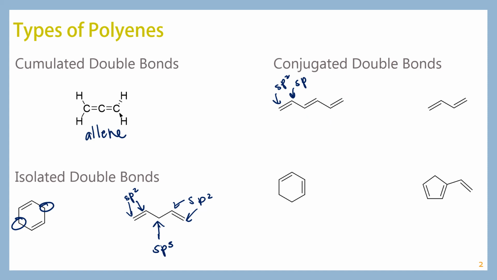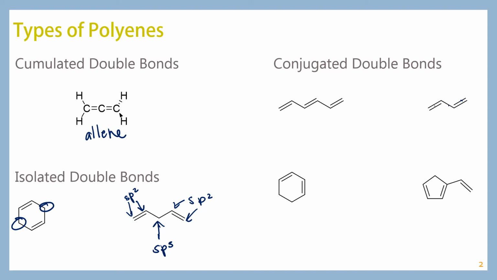So you have to have that alternating pattern of double, single, double, single, double in order for it to be conjugated. So we have double, single, double, double, single, double. So this part is conjugated, but this part is not part of the conjugated system, which is fine.